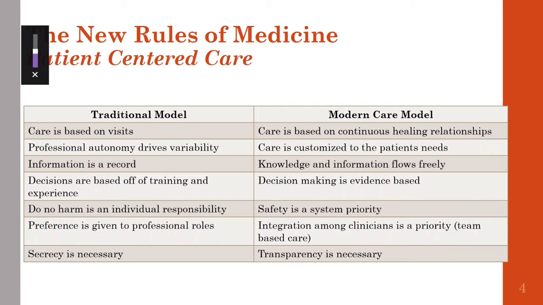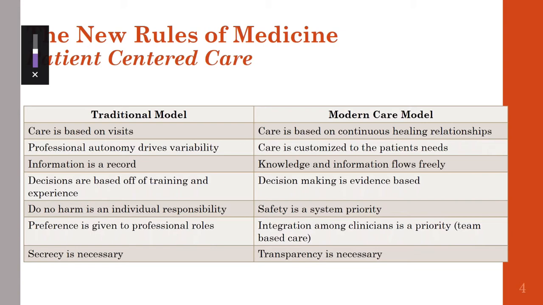But you can take a look at what traditional rules would look like, and some of that is related to very individual-focused behaviors. So professionalism and professional autonomy drives variability in care. So these are those clinicians and providers that are more concerned on prestige than they are of customizing their care to meet the needs of their patients.